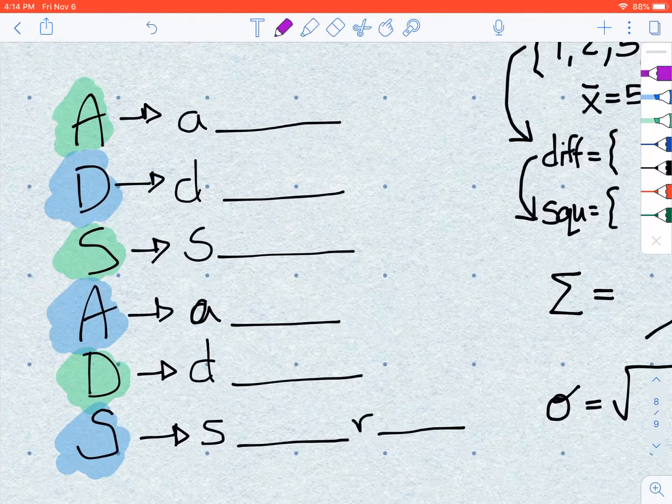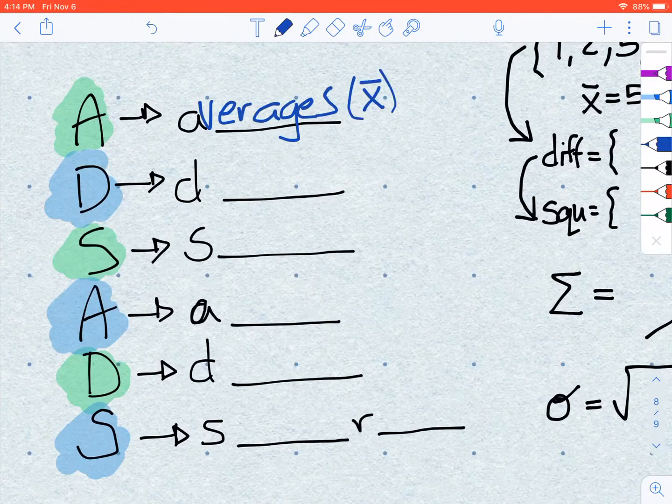Let me get, here we go. So average. So what is X bar in the case? We need to find that first of all. Then we need to find what's called the differences, which means we need to do some subtracting. Then we need to square each item.